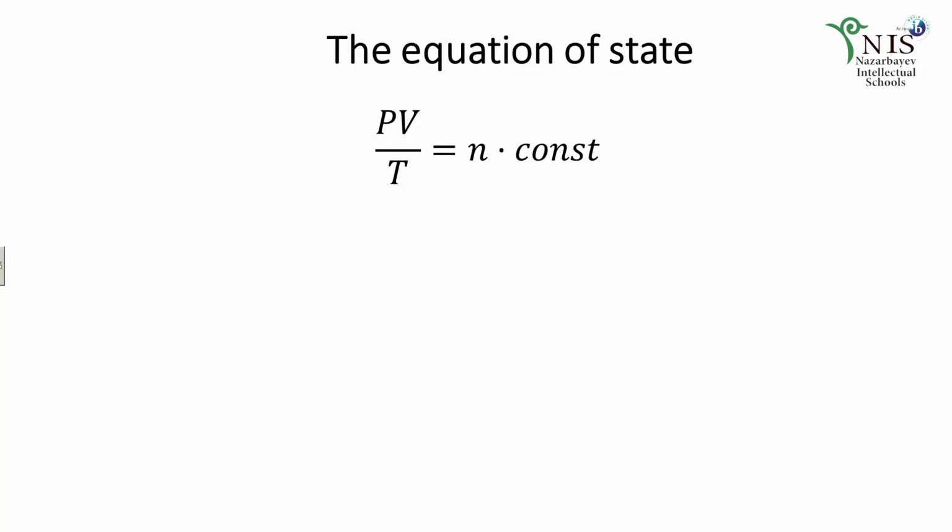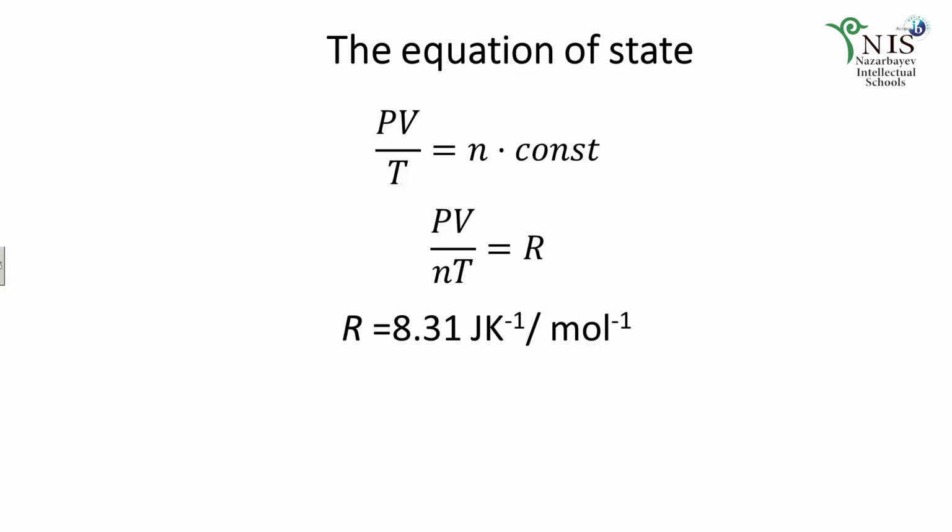We can now measure the pressure, temperature, volume and number of moles for a large number of different gases and calculate the value of pressure times volume divided by number of moles multiplied by temperature, which is equal to a constant. This constant is known as the gas constant and its numerical value is equal to 8.31 Joule per Kelvin per mole.